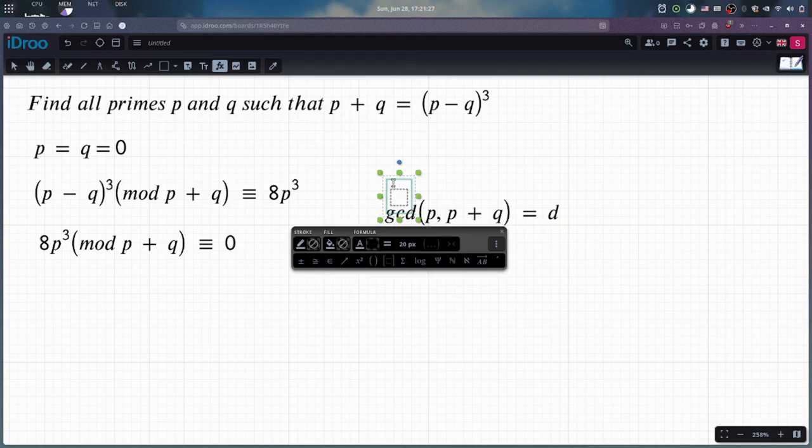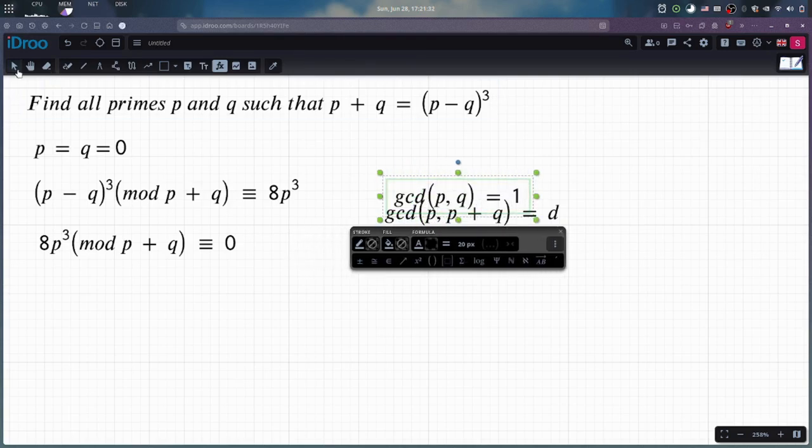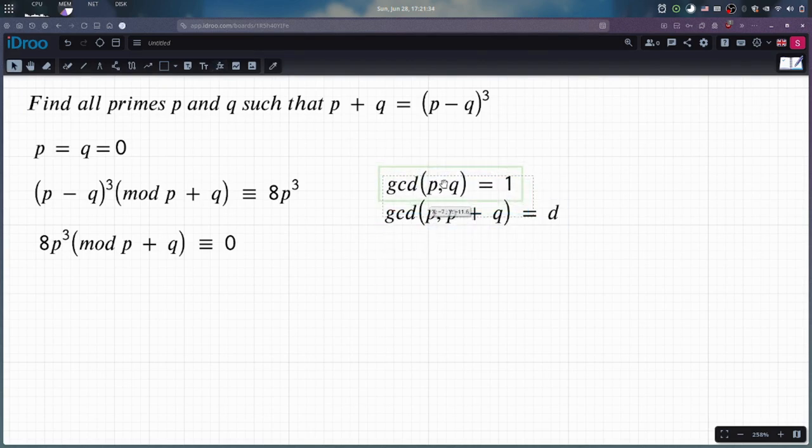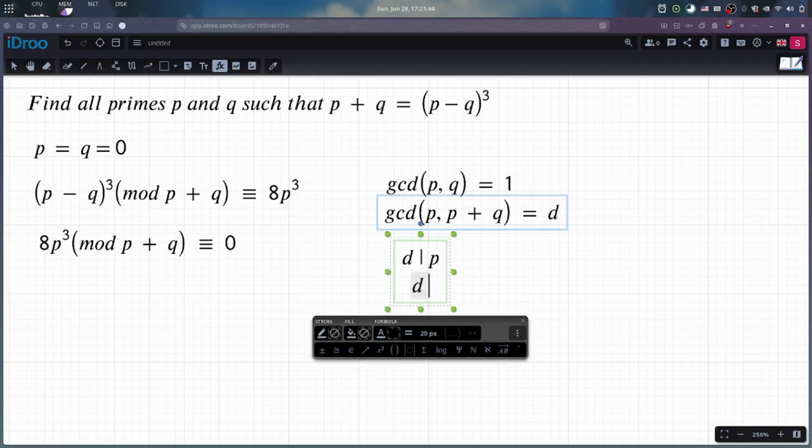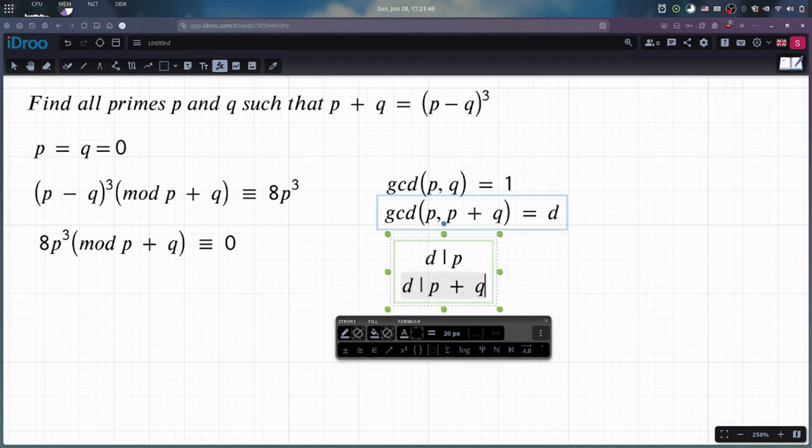We also know that GCD of p and q is equal to 1 because we said that they're coprime. Now notice that if GCD of p and p plus q is d, then d divides p and d divides p plus q.